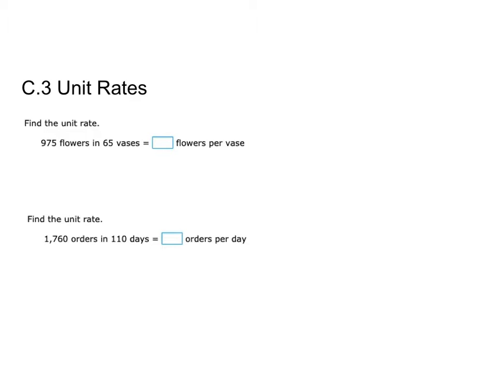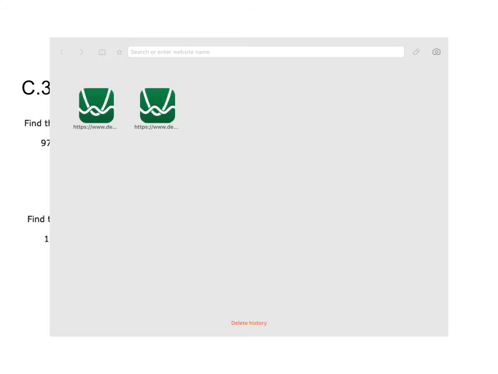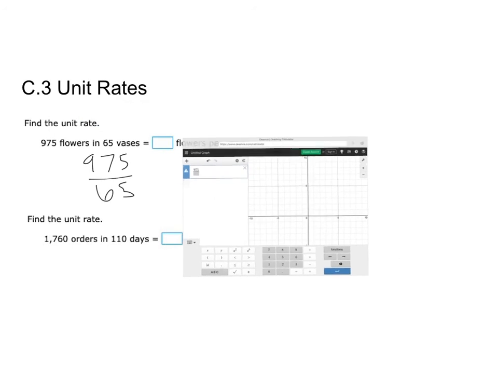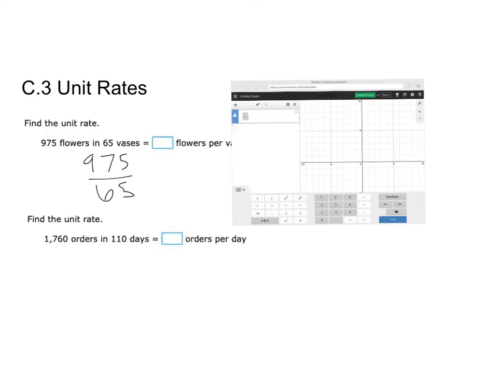The only way this gets a little bit harder is when we have bigger numbers. So if we have 975 flowers in 65 vases, we have to take that 975 and divide it by 65. But again, you're going to want to use your calculator to do the heavy lifting on this one. So that was 975 divided by 65.